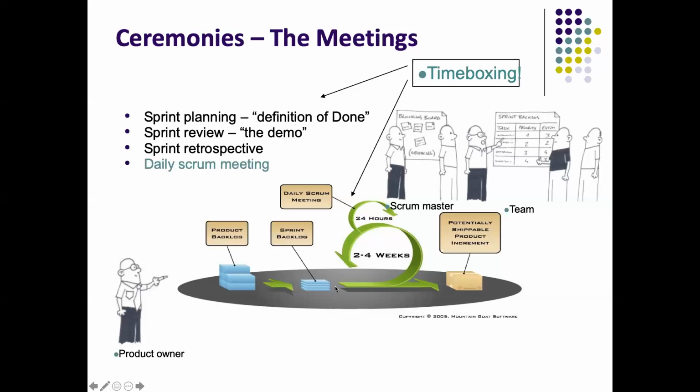Again, after this is done, you create a potentially shippable product increment after each sprint is over, right? Once that is done, there is a meeting called the sprint retrospective. That happens after the sprint is over, where as a team you discuss three things: what went well, what didn't go well, and for the things that didn't go well, what you think could be the improvements or actions that could be taken in the upcoming sprint.